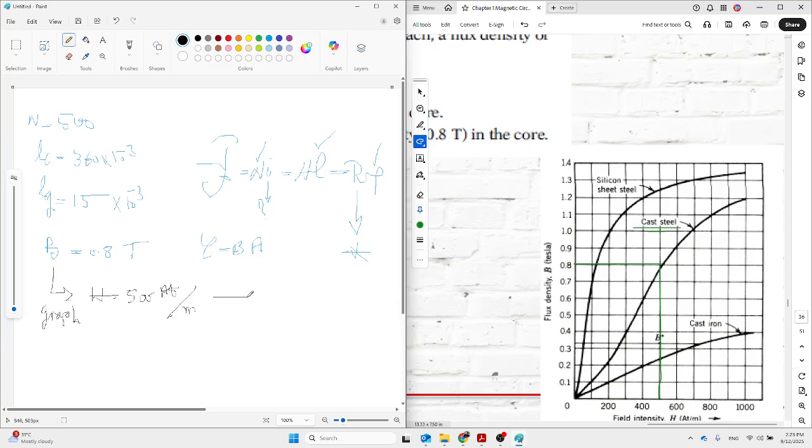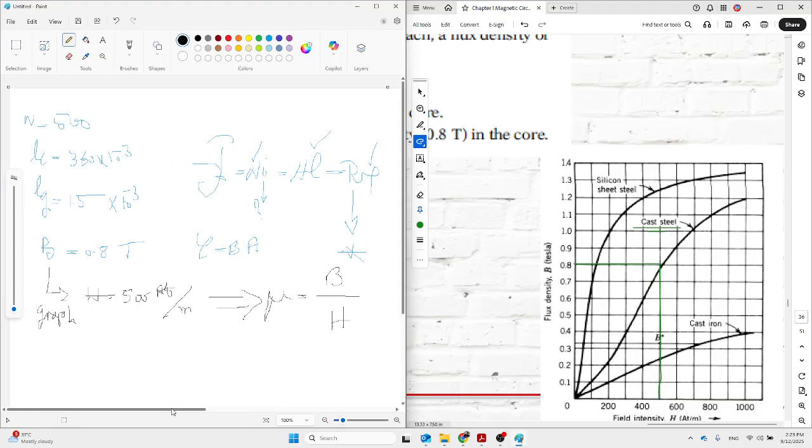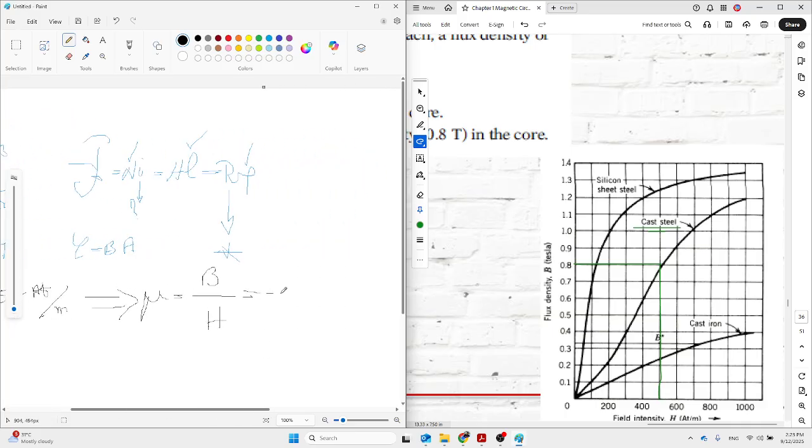And then mu can be calculated through this equation, which is B over H. The B value is 0.8, H value is 500. So 0.8 over 500, correct? Okay, the value of this is given.